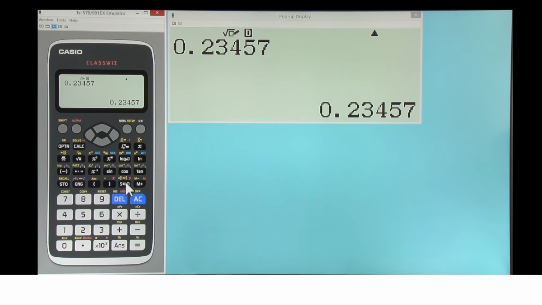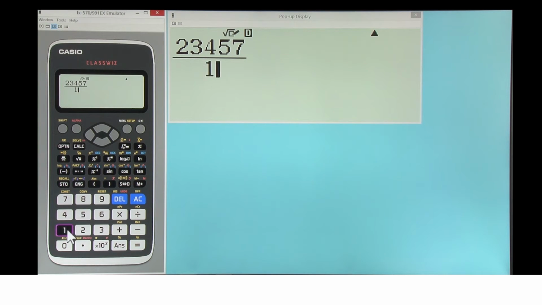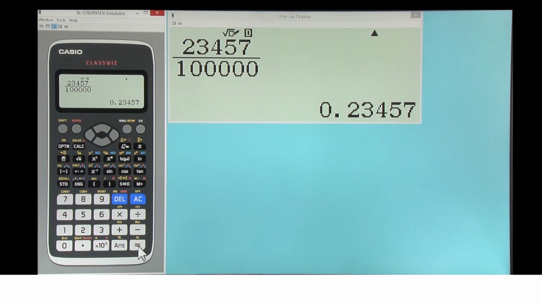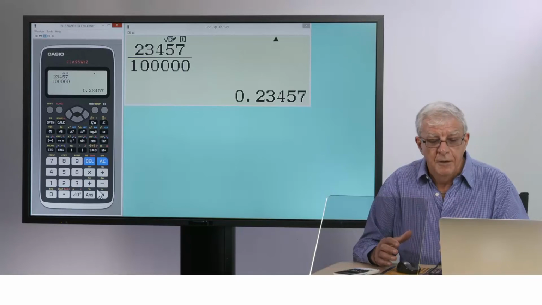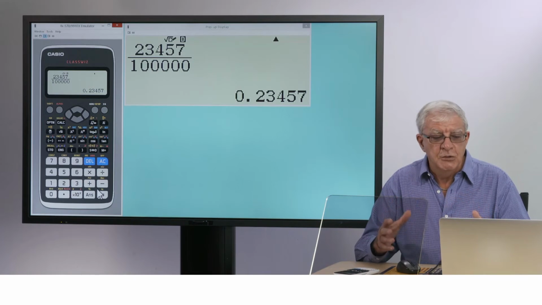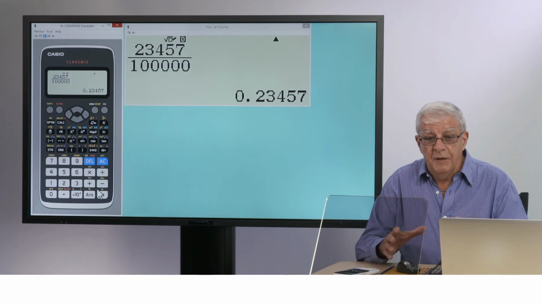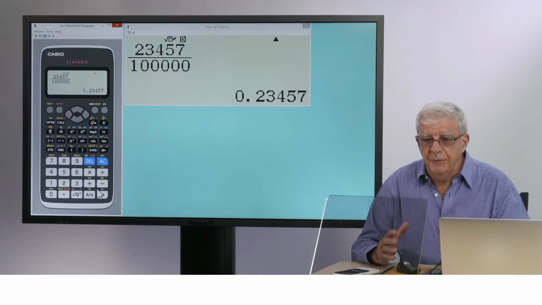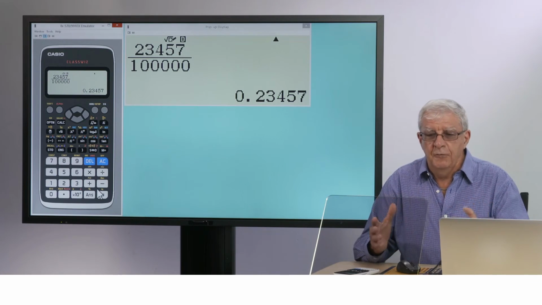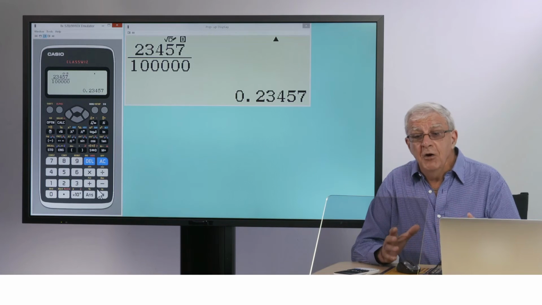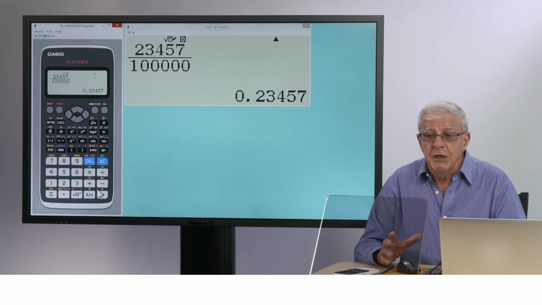But students can use the ClassWiz for themselves to confirm that the fractional representation 23457 over 100,000 is in fact the decimal 0.23457. And it's a good feeling for students to have intuitions that are confirmed like that. The ClassWiz can't handle it, but they can handle it themselves, which of course is the object of learning mathematics.